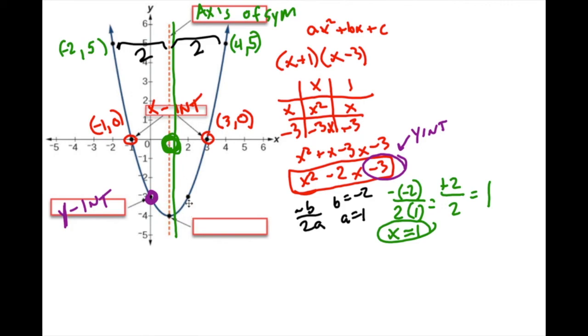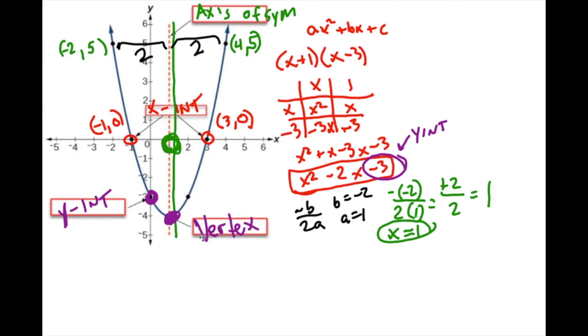We're not done yet. We've got one more thing we can do here. You see this little guy over here, we're missing out on him? We call this our vertex. Vertex. That is either the lowest point or the highest point. So right now on this graph, it's our lowest point, our minimum.